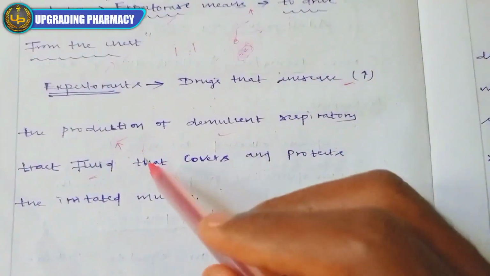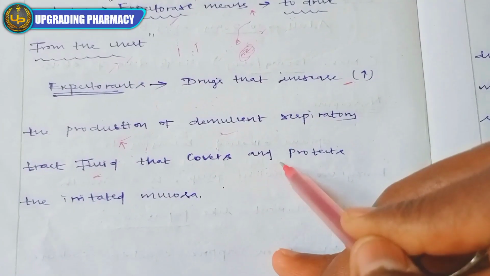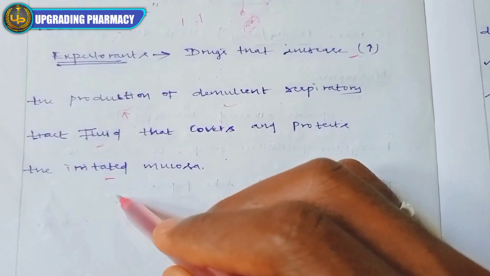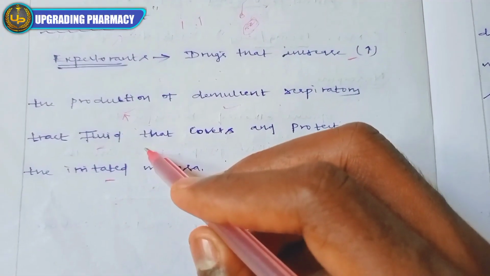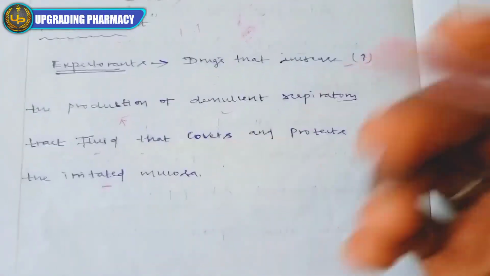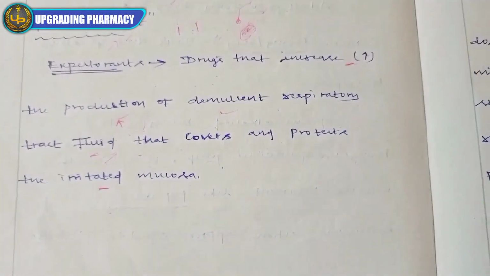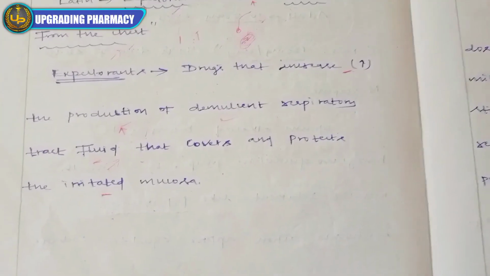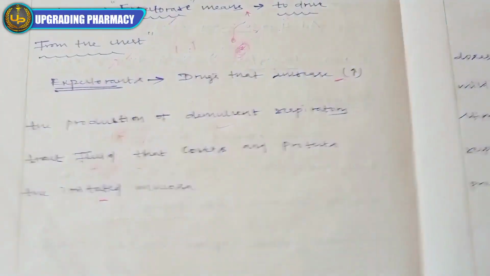Expectorants also cover and protect the irritated mucosa. The irritated mucosa is protected by the excess secretions of this fluid, so the afferent nerves from that region will be calmed, and the cough will be suppressed. So this is the mechanism of action of expectorants.